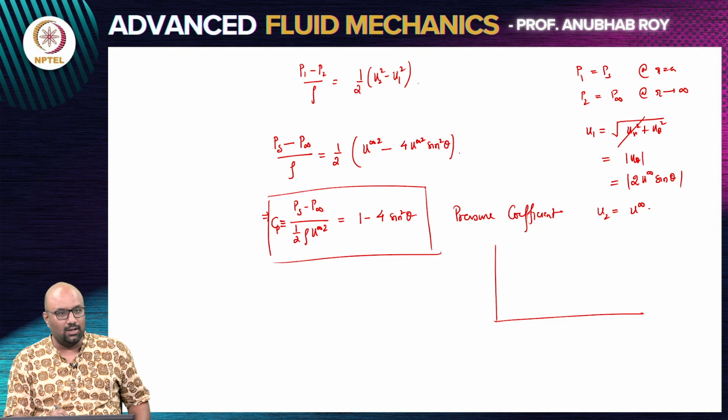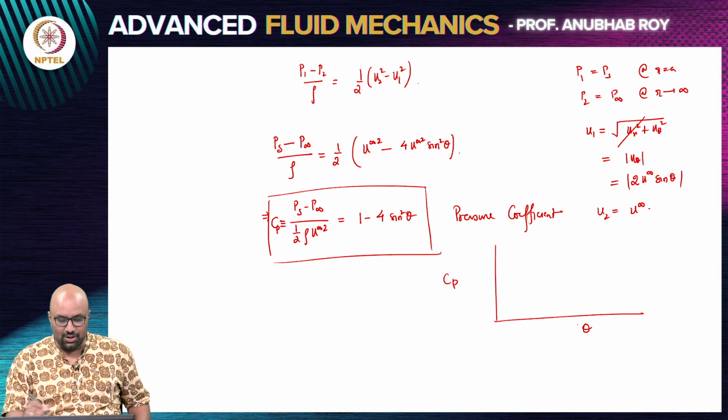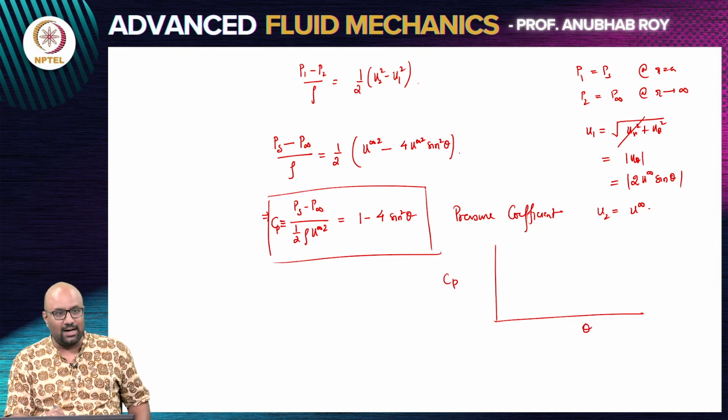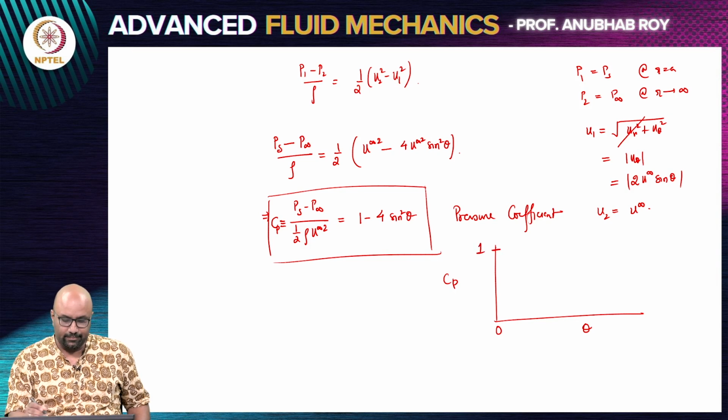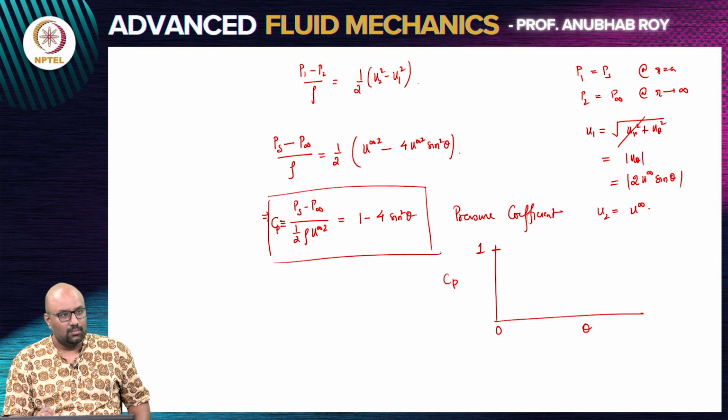Now, if you plot the pressure coefficient Cp as a function of theta, when theta is equal to 0, Cp has a value of 1. And as you keep increasing theta, Cp is going to attain a minimum.